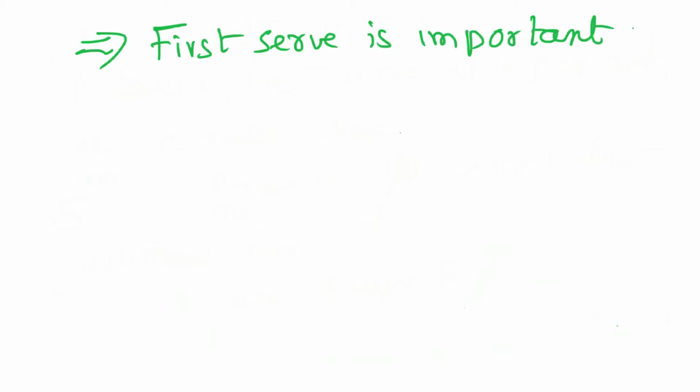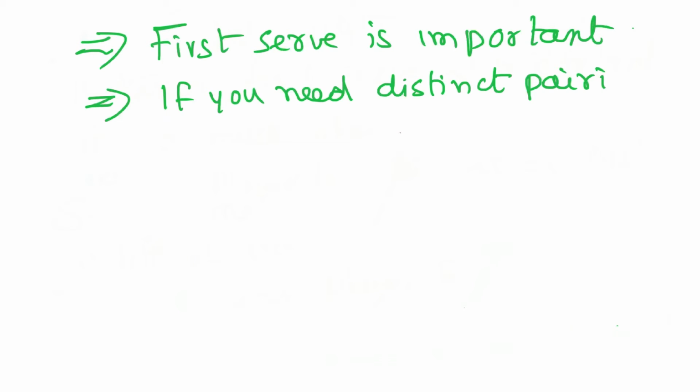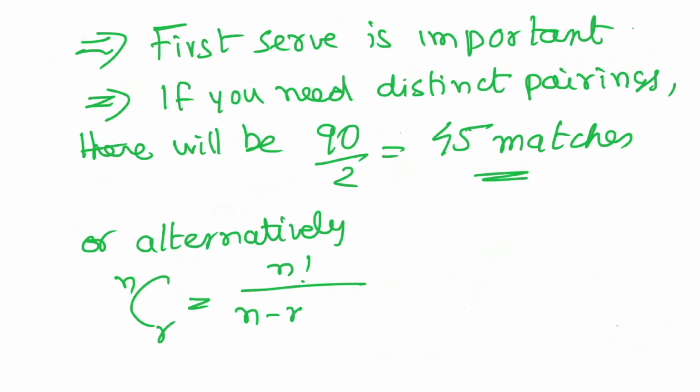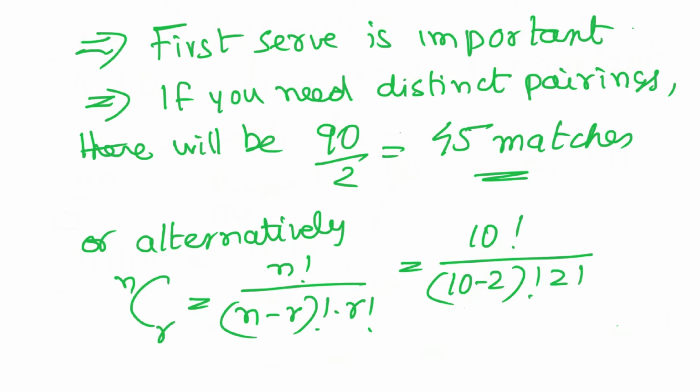So the distinct pairings will not be 90, it will be 90 by 2, that is 45. So the distinct pairings will be 45. So this can also be directly calculated by the combination method, of course.